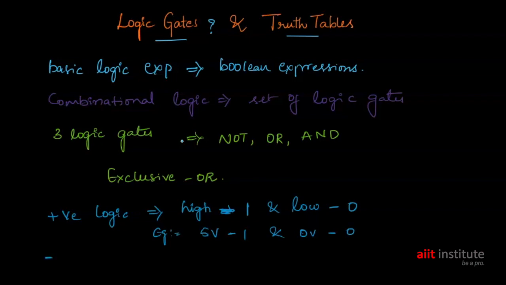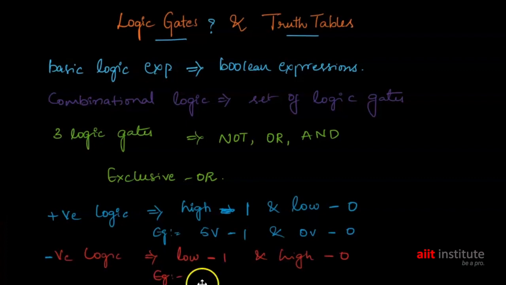Now, what is a negative logic? A negative logic is where low is denoted by 1 and high is denoted by 0.